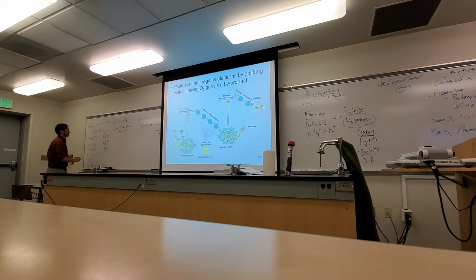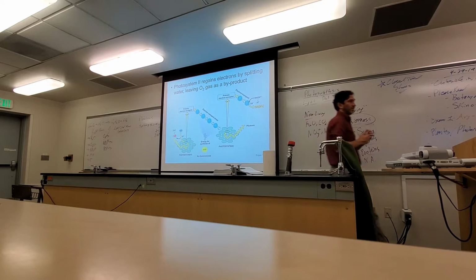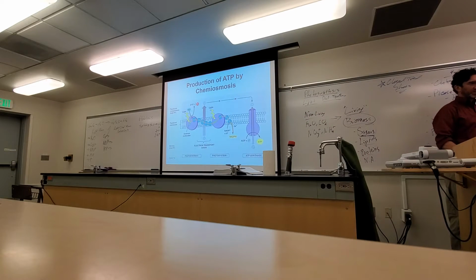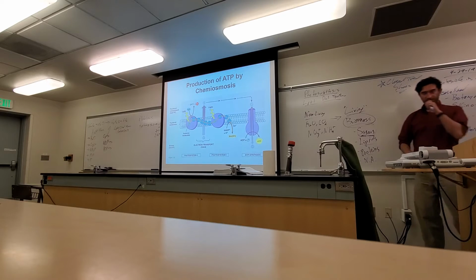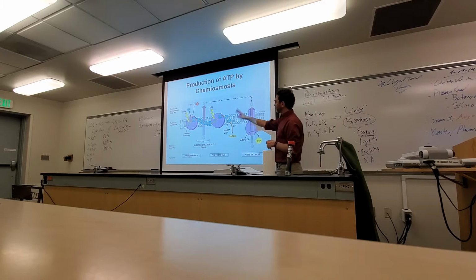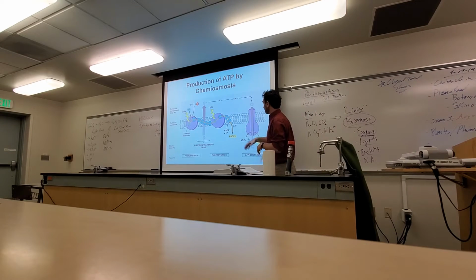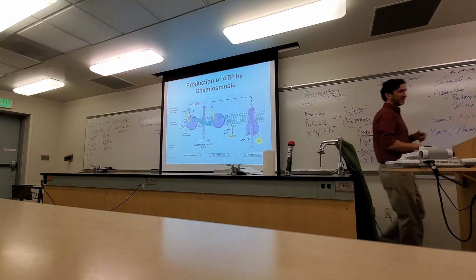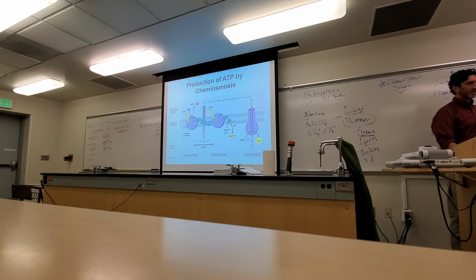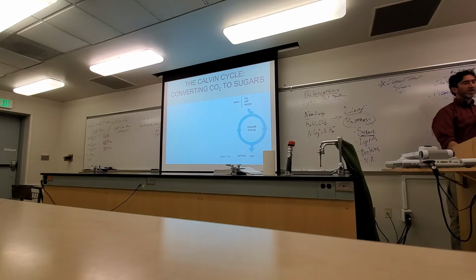Yeah, those are the big things. They all come out, and O2 just goes into the atmosphere. The others will be used in the reactions. This just shows the same thing, the chemiosmosis process of producing NADPH and ATP. It's the same thing. Okay? Questions? No. We're not going to go into the whole chemistry of all that.